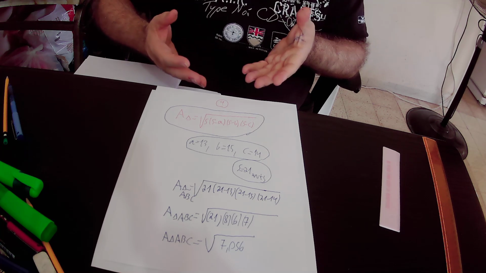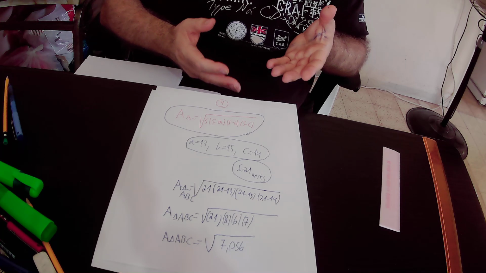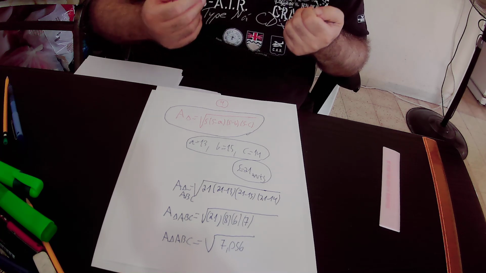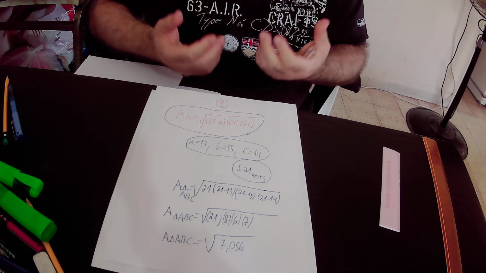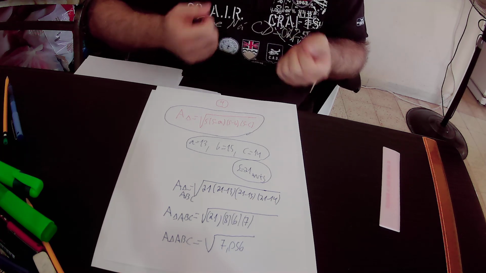In our example, we know that S, the semi-perimeter of our triangle, equals 21 units, and we know that A equals 13 units, B equals 15 units, and C equals 14 units.